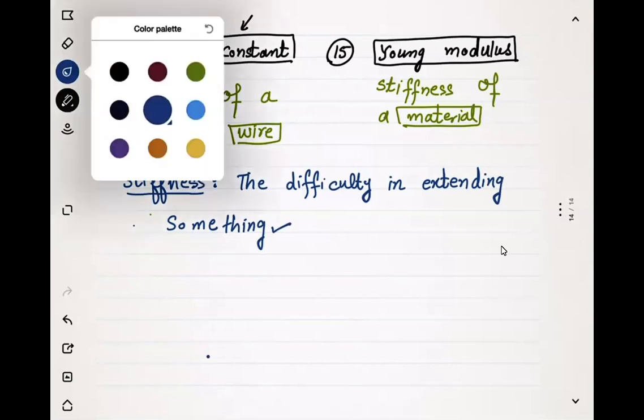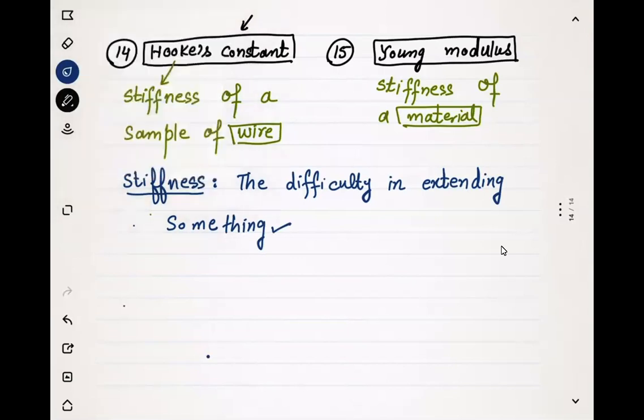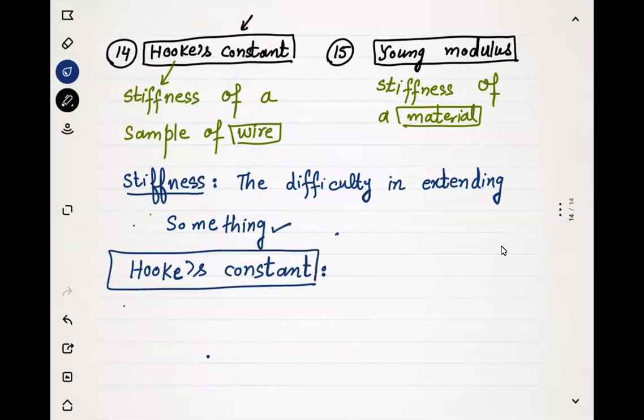Now, let's define Hooke's constant. What is the exam definition of Hooke's constant? Hooke's constant basically is how much force you need to extend an object by 1 meter. If the force needed is more, then obviously the object is stiffer and the Hooke's constant is a higher value.